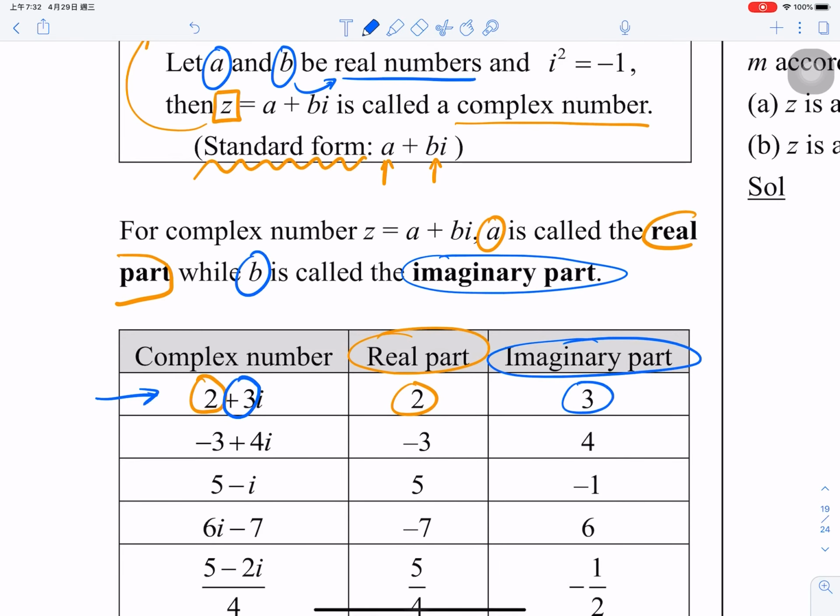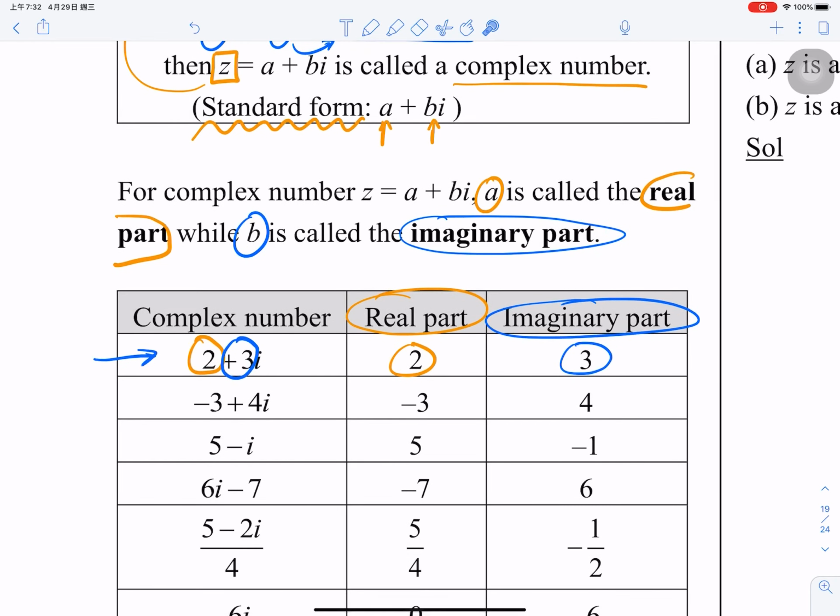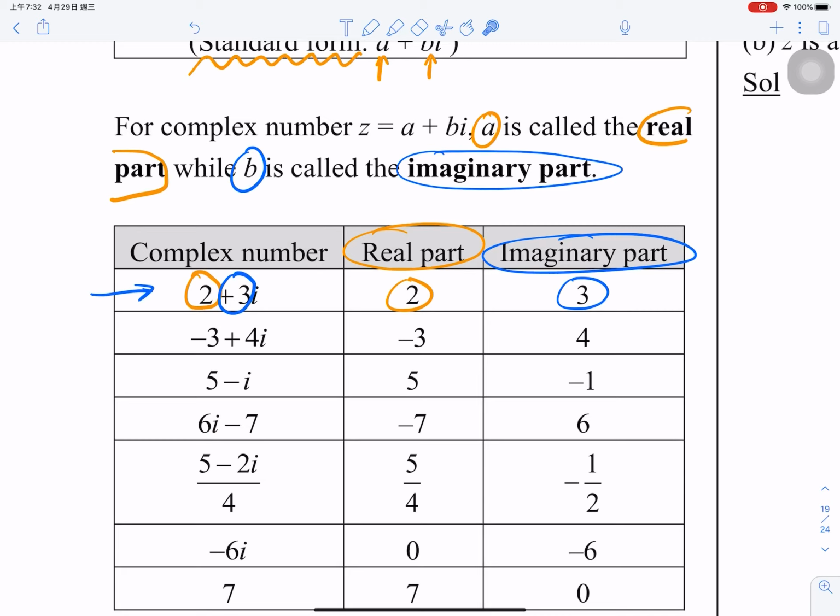Let's see. -3 plus 4i, so the real part is -3 and the imaginary part is 4. How about the third one? 5 minus i. 5 is the real part and -1 is the imaginary part. How about this one?